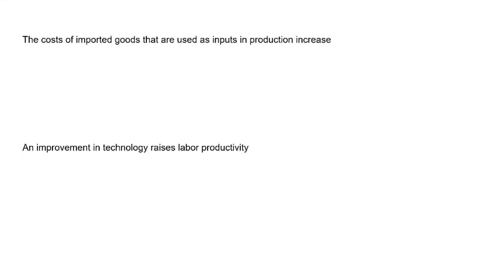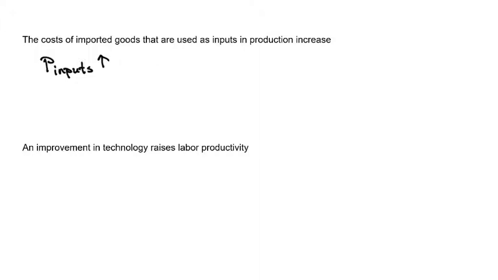Now let's add some different cases. In this case, the cost of imported goods that are used as inputs in production increase. So the prices of imported goods that are used as inputs, that shows the prices of inputs go up.